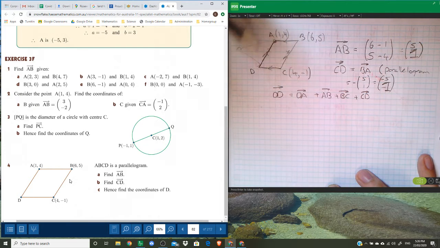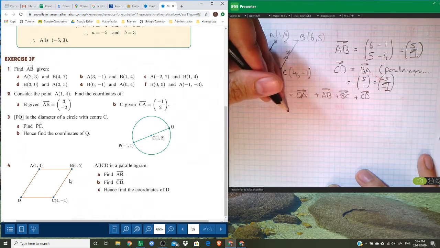We don't have the origin as part of this, but we go across from there to A, B, C, D.